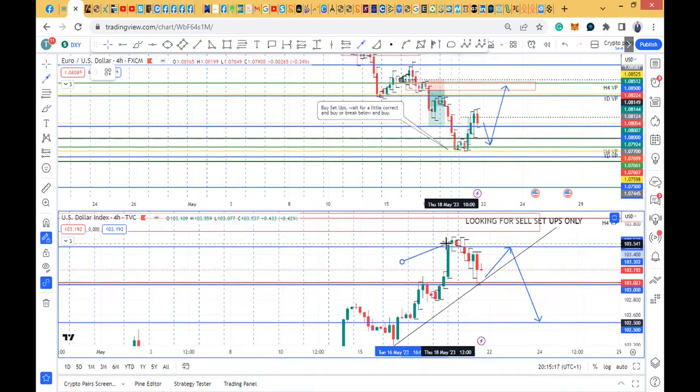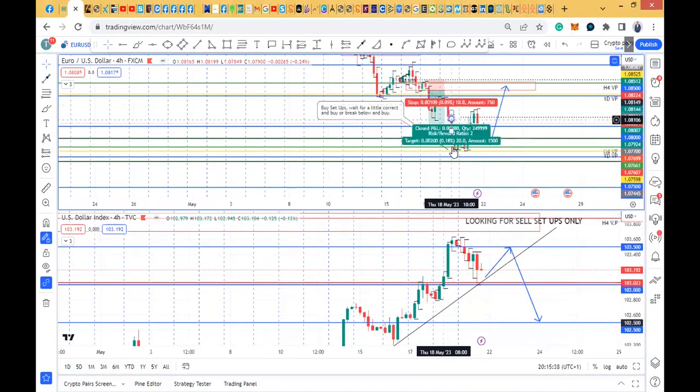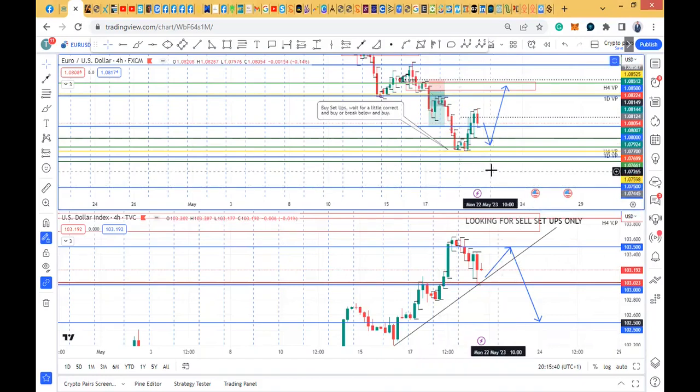What do you see Euro doing? Euro at this point is going down. If DXY is going up, Euro is going down. So it is inverse, it's highly correlated.